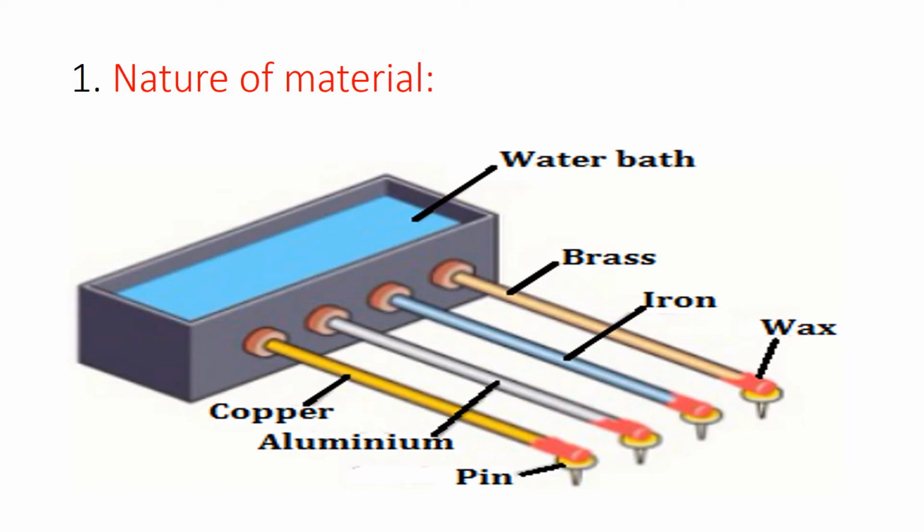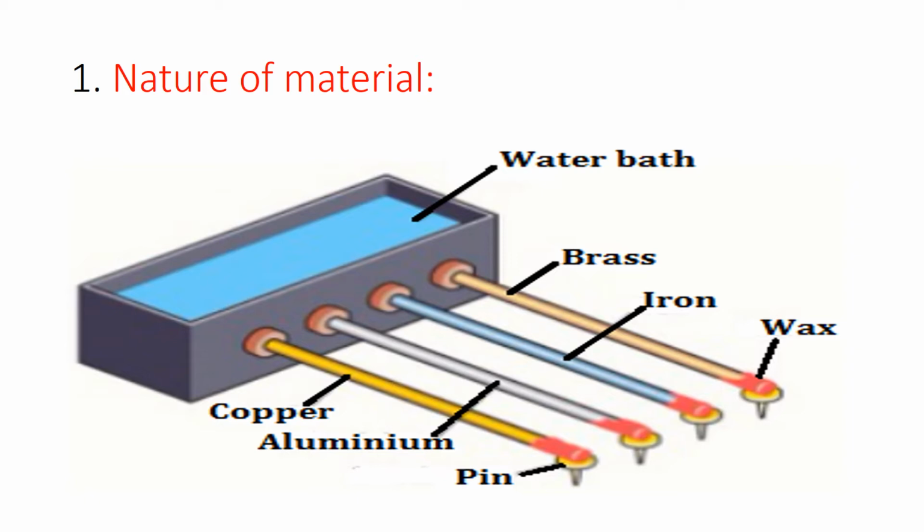So the water bath will heat the metals, and heat will be transferred to the wax, making the wax melt, and then the pins will fall. So which pin will fall first? Copper will fall first, followed by others. Reason: copper is a better conductor than the others.